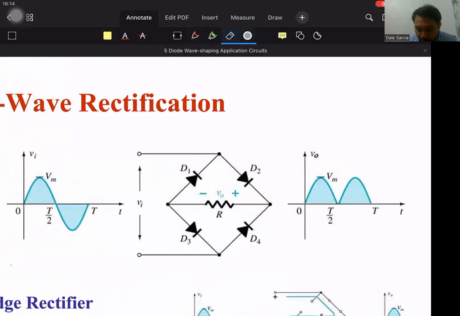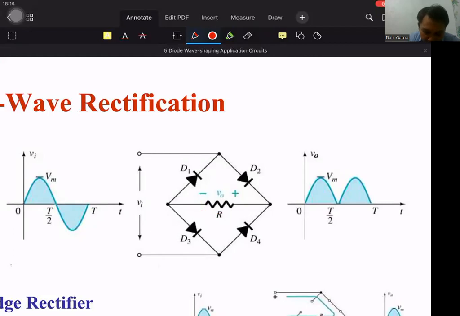So where will this be measured? This will be measured from the load resistor. Based on the circuit, the load resistor is the device in the middle of our bridge circuit. So this one.